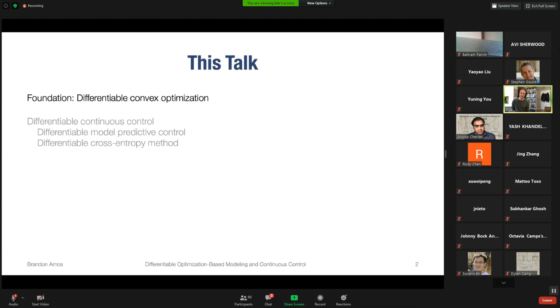And then in the second 15 minutes, I'll talk about applications of this in the controls context, where you can think about your controller as solving an optimization problem, and you can use that as a node in your computation graph.